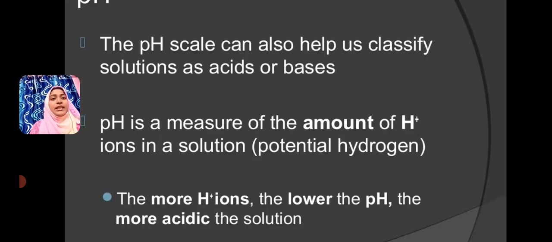Next, the pH. See, this pH plays a very important role in our daily life. For example, the best example I will give you, which we can see in our daily life, is acid rain. A pH level less than 5.6 is considered acid rain. The pH level also plays an important role during digestion, where we use hydrochloric acid.